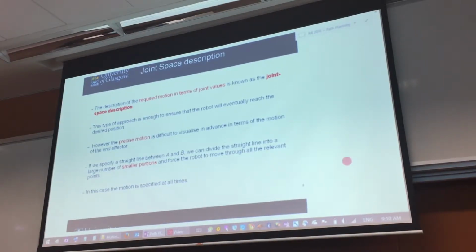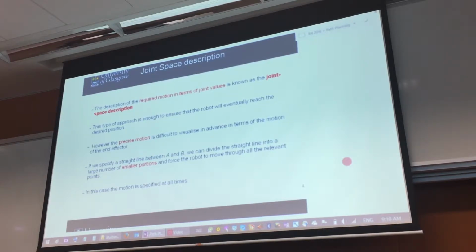So I can go about just defining this, because embedded inside this link will be motor. So I'll tell my motor, go to that certain positional angle, and then you go there, and then I'll arrive at the same x, y, z coordinate. This method of commanding where the joint position is going to be is called joint space description. So you have two ways to define it.